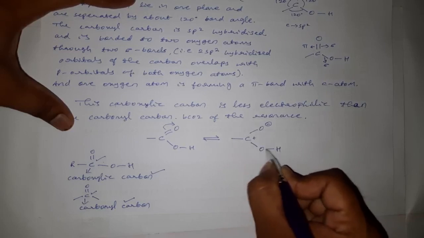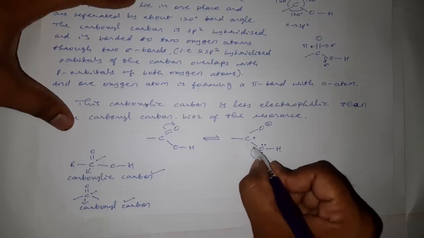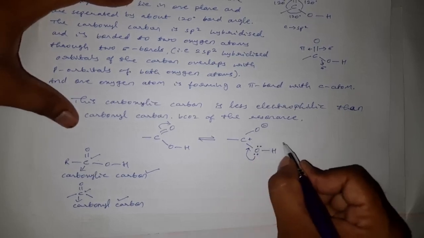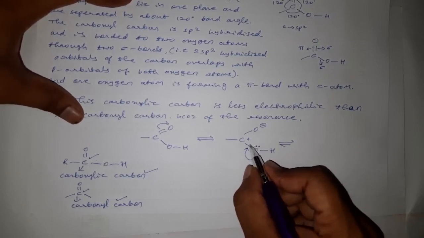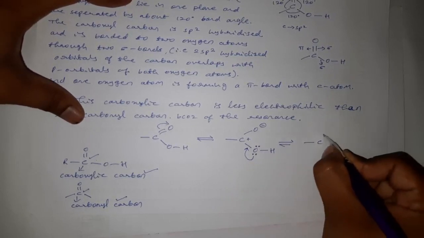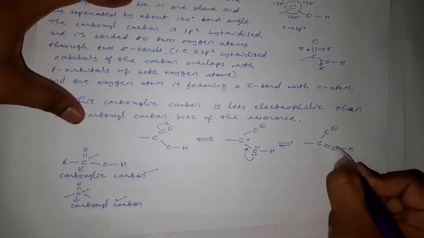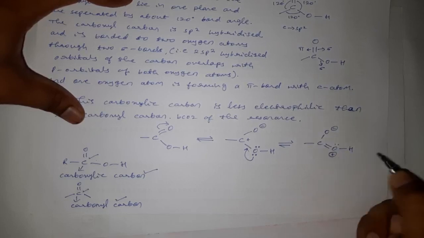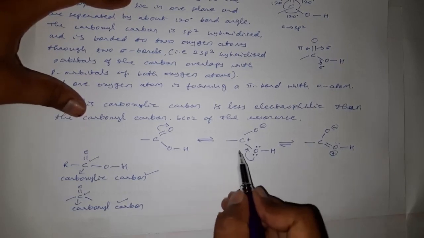The oxygen which has two lone pairs of electrons will shift one lone pair towards the carbon, and hence the carbocation will get stabilized. O minus, double bond O H.